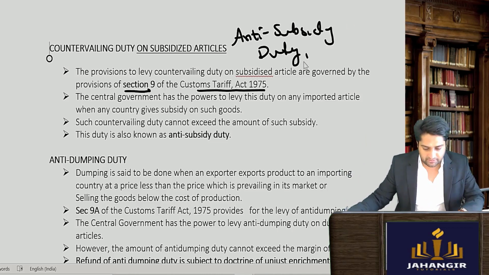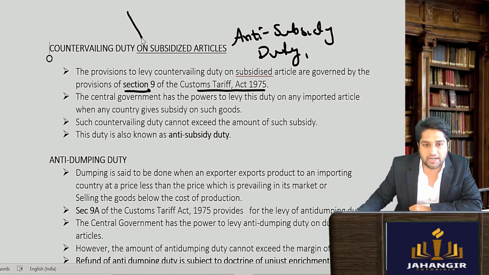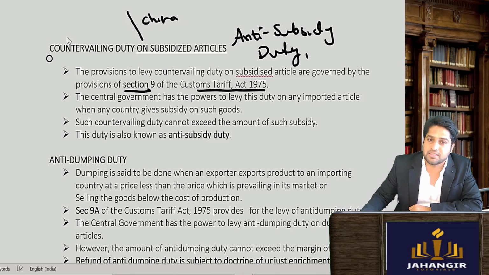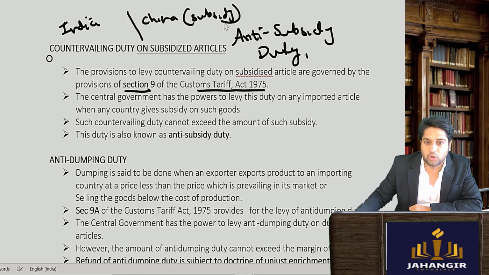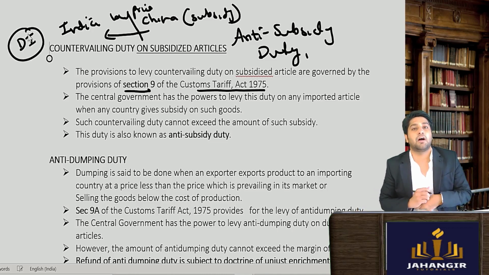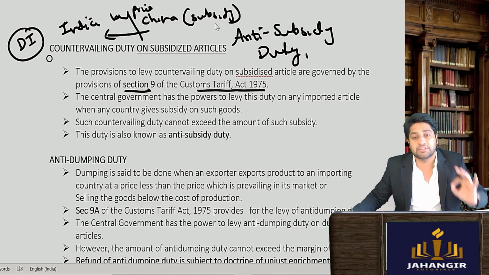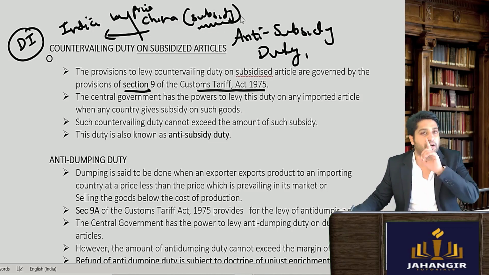So let's say this is India and this is China. अब क्या हो रहा है कि China started giving subsidy to its people, because of which low prices हो गए, and because of this they are selling in India and our domestic industry is getting affected due to subsidy given by that foreign country.